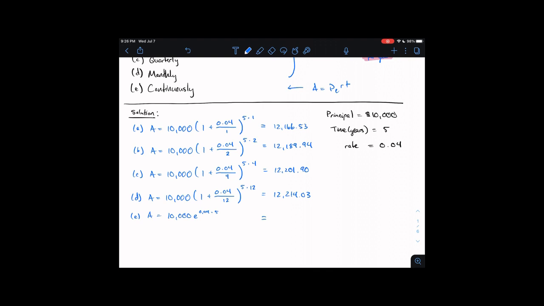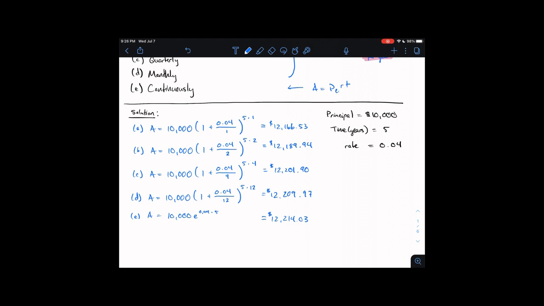Oh, I skipped one. This is actually there. Okay, and this is 12,209.97. Okay, these are all dollars. It's important to remember our units.